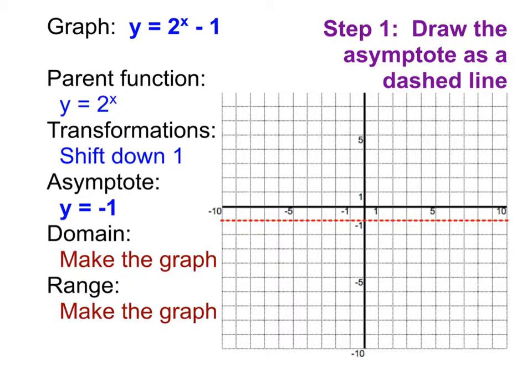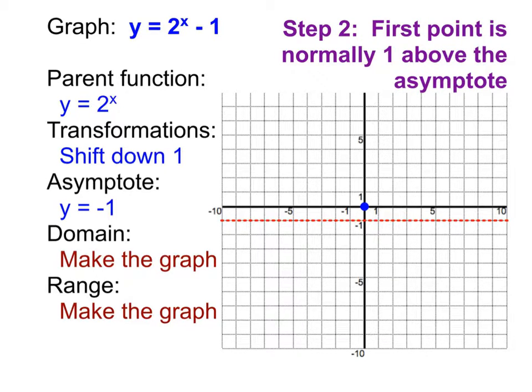Well, the first point is typically the same thing, because anything to the power of 0 is what again? 1. Now, when I say 1, though, because remember I moved this whole thing down, I'm specifically meaning up 1 from the asymptote, because the asymptote is kind of acting like our new 0. It's our new starting point.